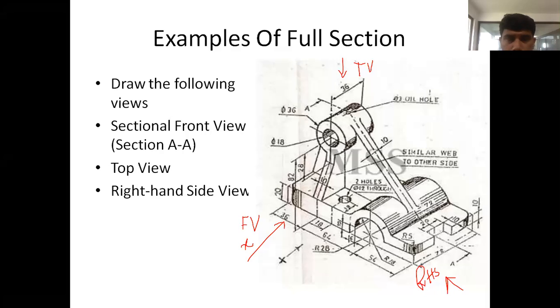In the last class, we studied this one. This is the problem he has given, and in exams also this kind of problem will be given.